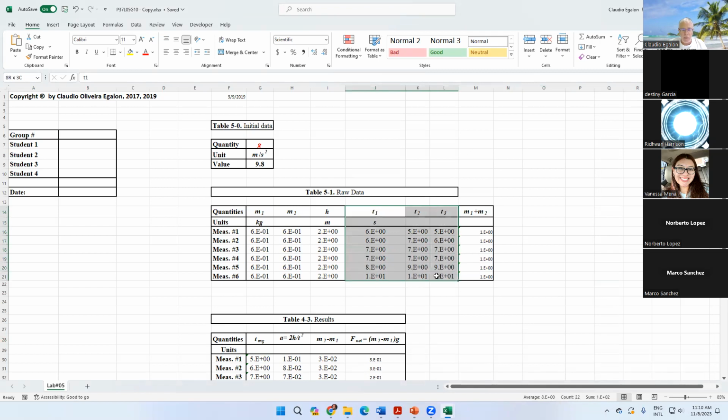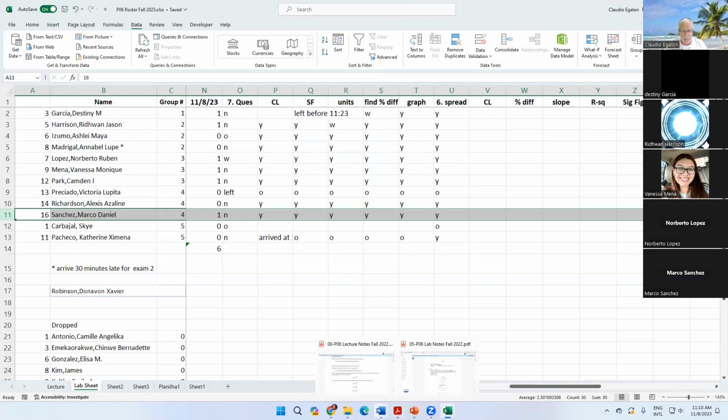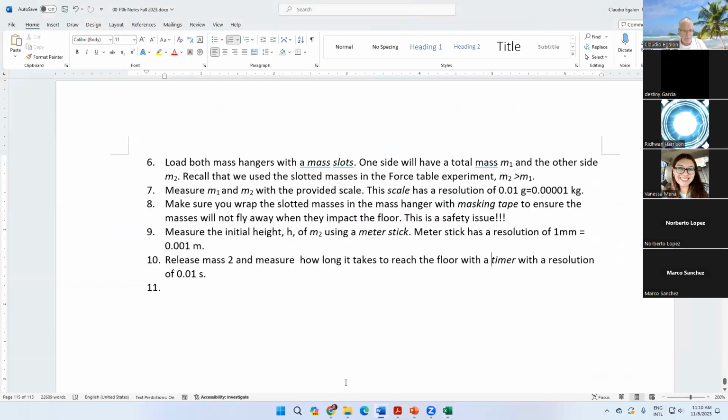And repeat that 3 times. Repeat 2 more times. We have T1, T2, and T3. See spreadsheet. T1, okay.